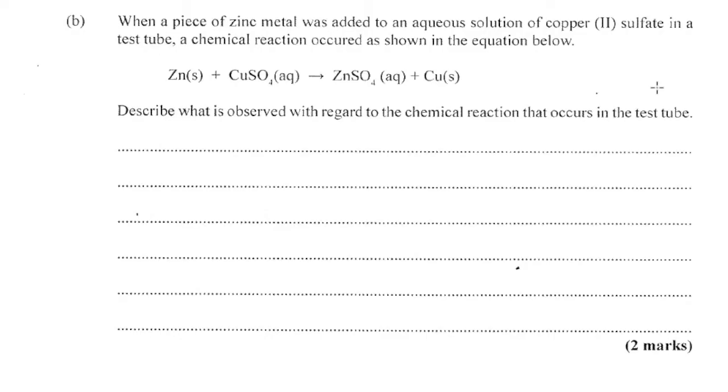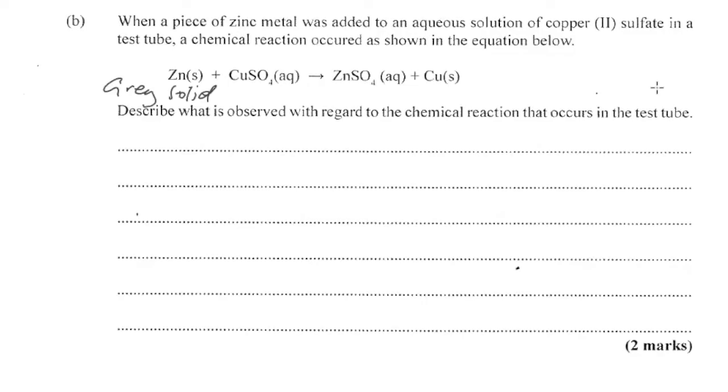So we're asked to describe what is observed with regard to the chemical reaction that occurs in the test tube. First things first, let's look at how things are at the beginning, and then let's look at whatever changes are taking place. The zinc, as we know, is a gray solid.